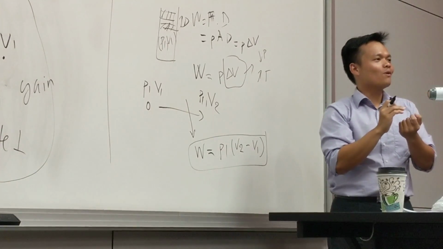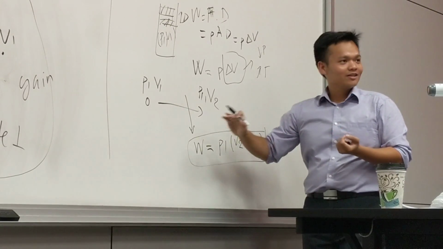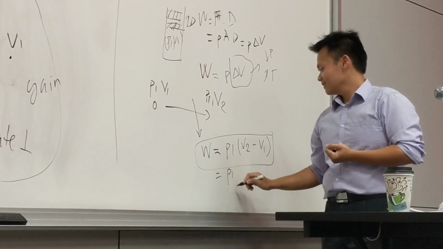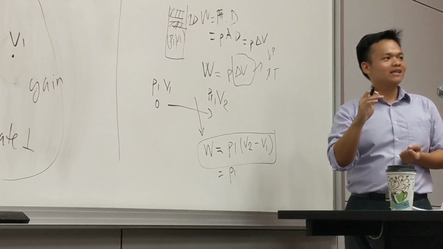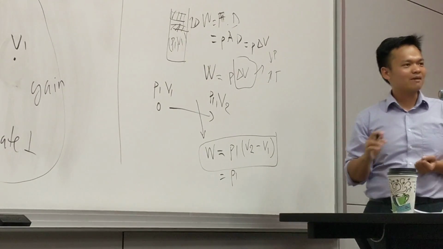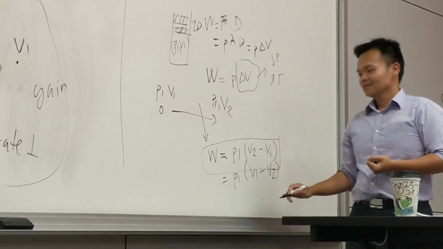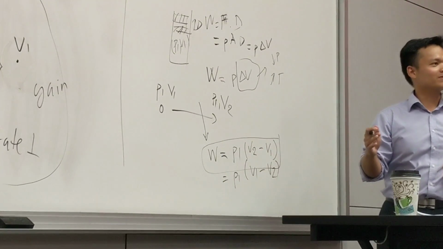What would be the work that I have to introduce back to the system to reset it? Keeping pressure constant as well, we just move it back to its original position, meaning the volume difference is the same, just with the opposite sign. So it's exactly equal to the work that the engine produced.